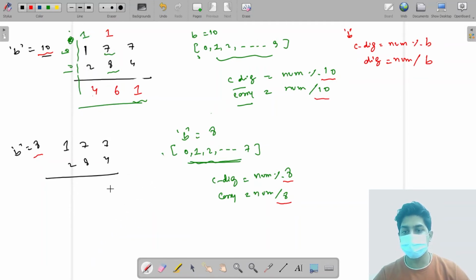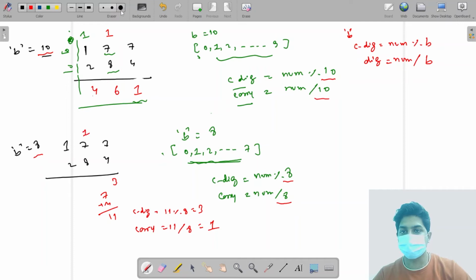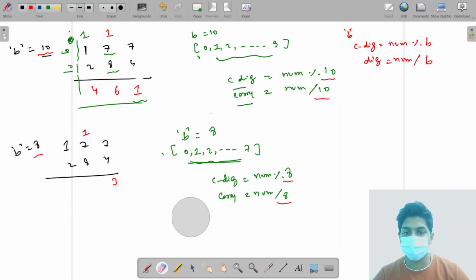7 plus 4 is 11. 11 is not in this range, so the current digit will be 11 modulo 8, that is 3, and the carry will be 11 divided by 8, that is 1. So the current digit will be 3 and the carry will be 1. Now the next two elements, that are 7 and 8.